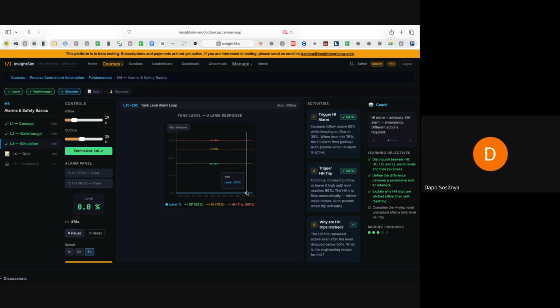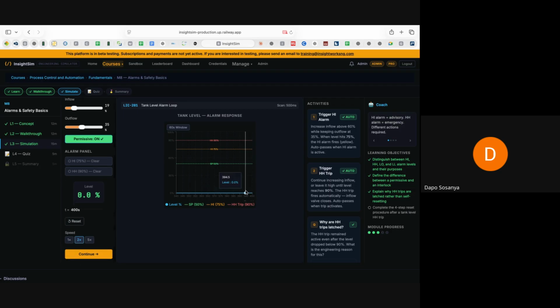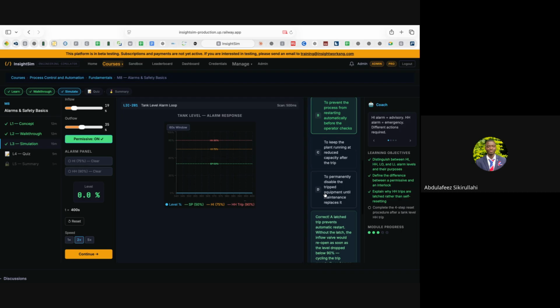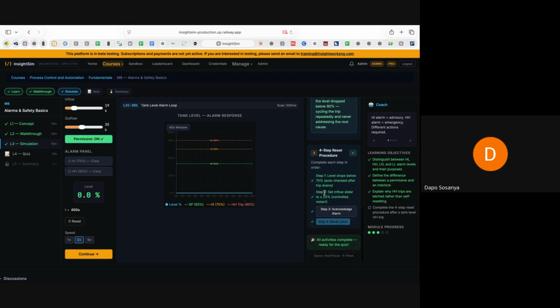Okay, so why is the level 0? Can you tell me? Because we set our inflow at 19, and the rate at which it is outflowing is more than the rate at which we have inflow.